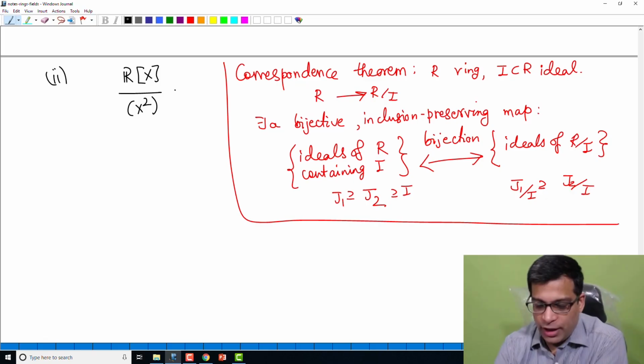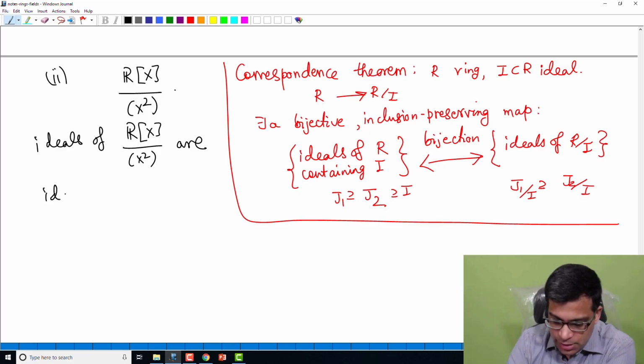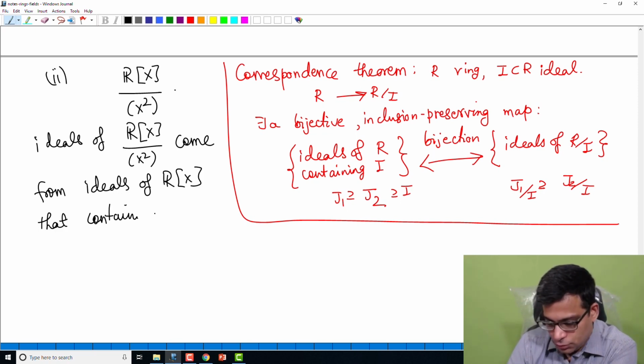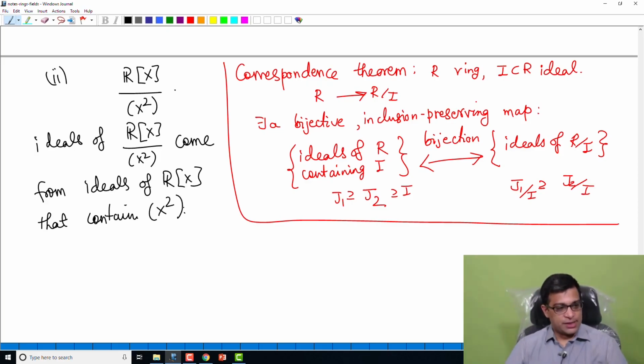So I am going to use this correspondence theorem. So what are ideals of this quotient ring? Ideals of this come from ideals of R[x] that contain x squared.